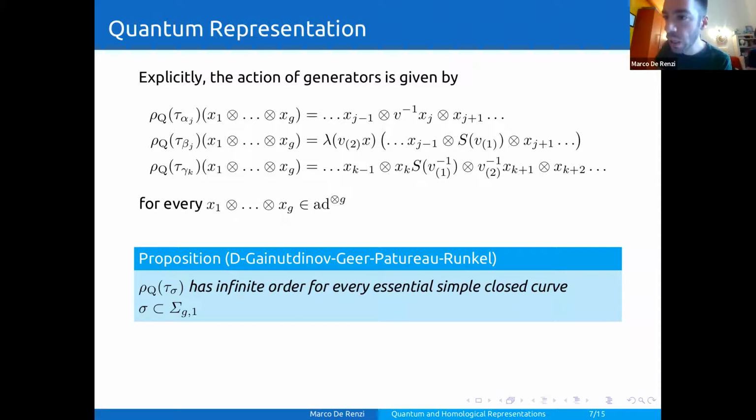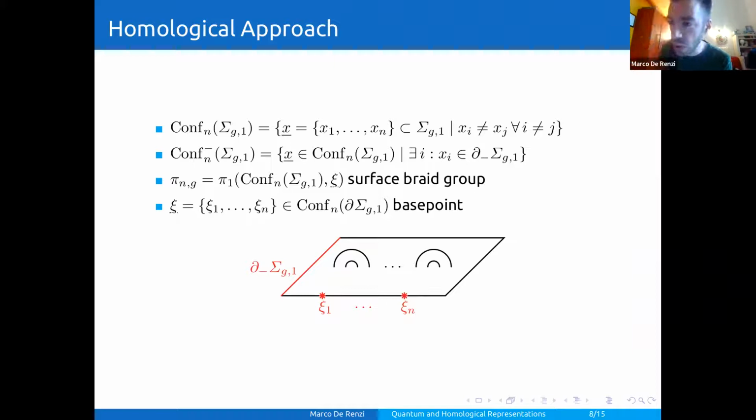Okay, anyway, so now I will move on to the homological side of the construction, and I will also need to fix some notation for this part. I recall that Conf_n(Sigma_{g,1}) is the notation I use for the nth unordered configuration space of the surface Sigma_{g,1}.